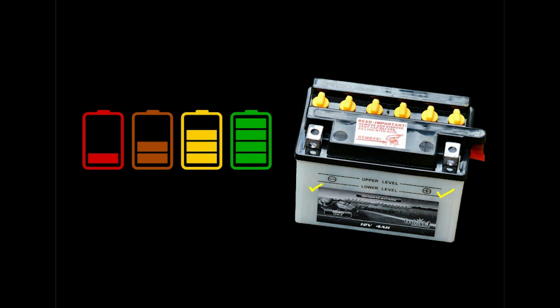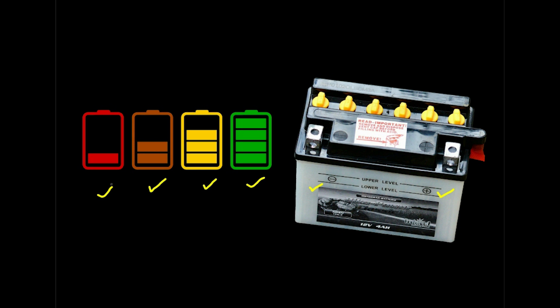When a car battery shows a sign that is green, it implies that the car battery is fully charged. As you continue to use the car battery, the green color fades to an orange color, brown, and ultimately red, implying that the car battery needs recharging.